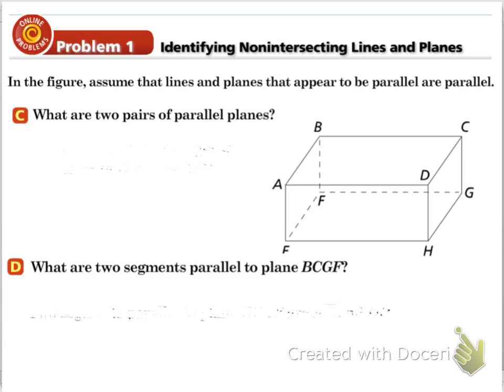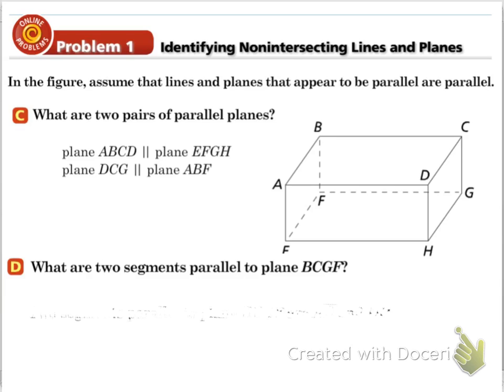What are the two pairs of parallel planes? Well, there are several of them. The first one would be the ones that are on the side here, where we have ABFE and CDGH. Those are parallel planes, okay? So let's see what we have right here. So we have ABCD.